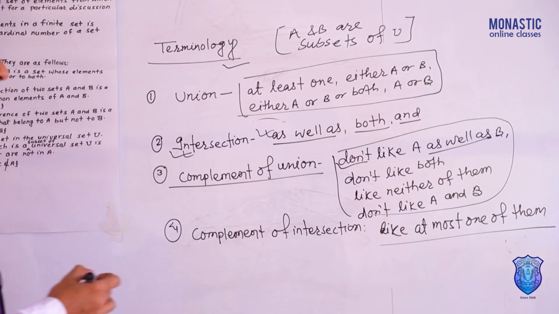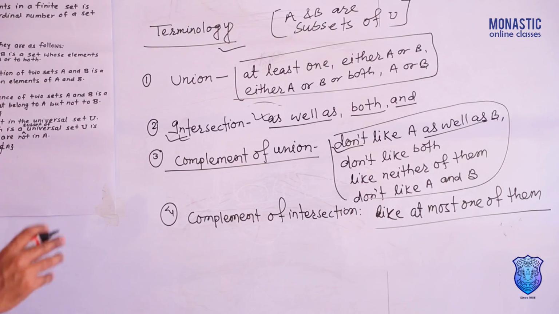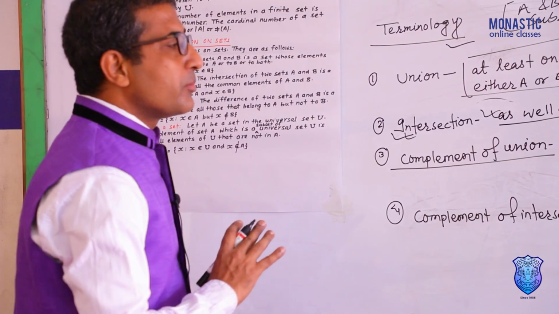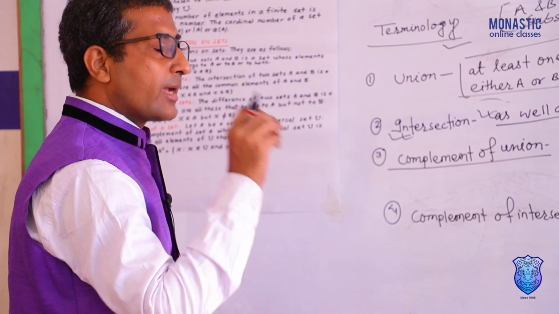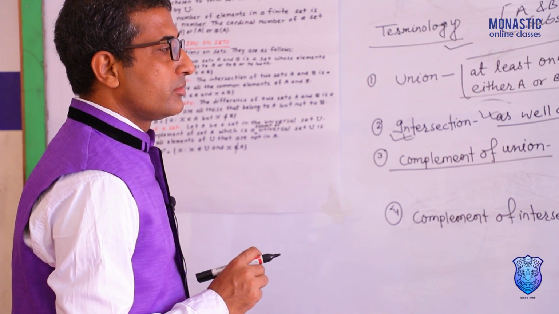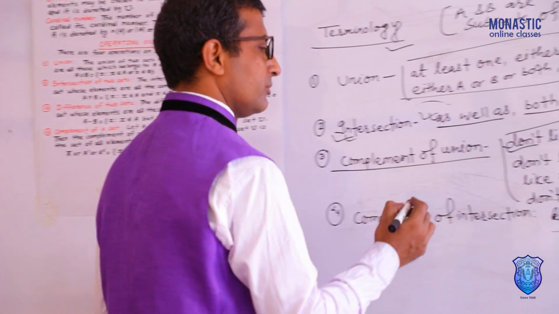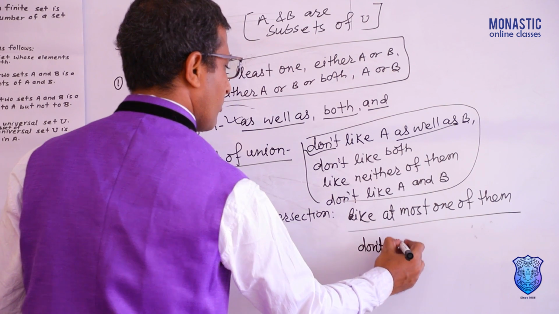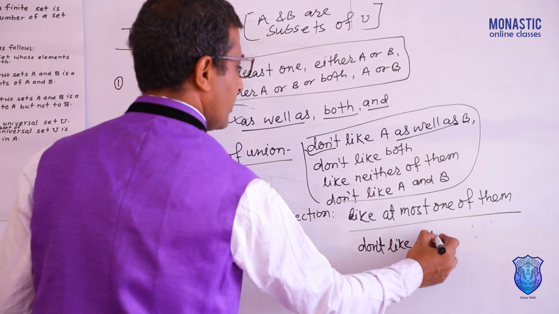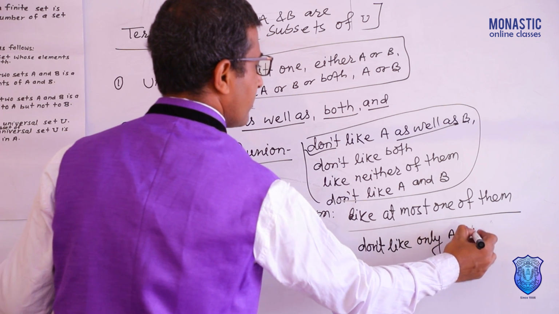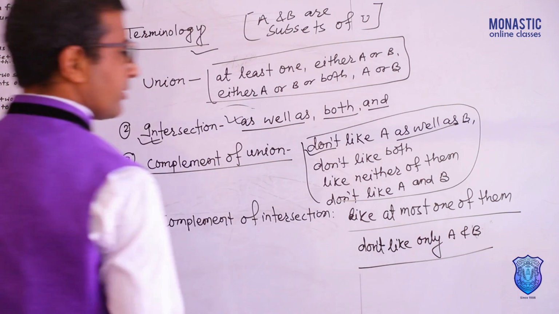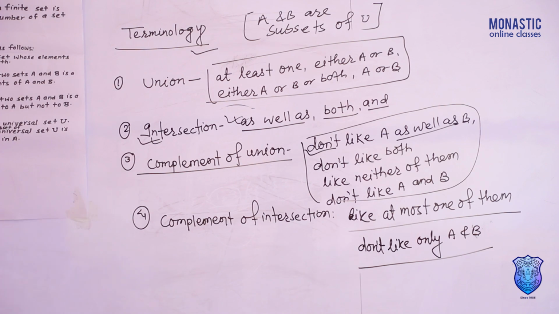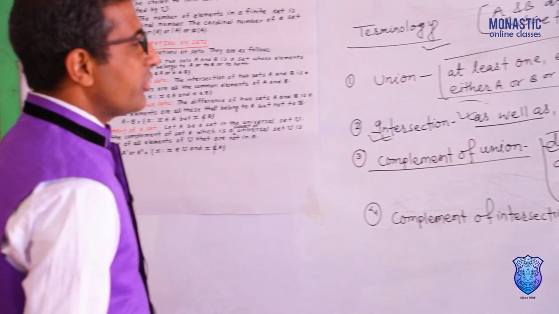What does it mean? At most one of them means don't like exactly both, don't like only A and B. It means complement of intersection.